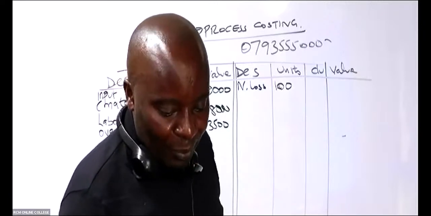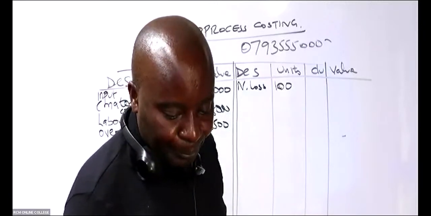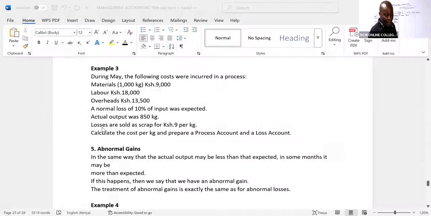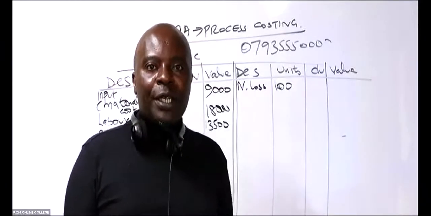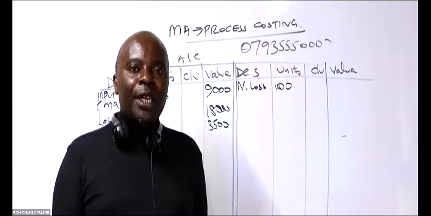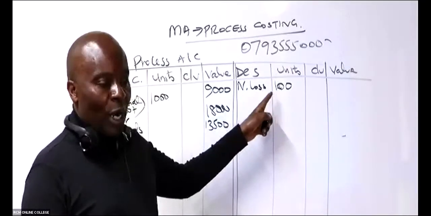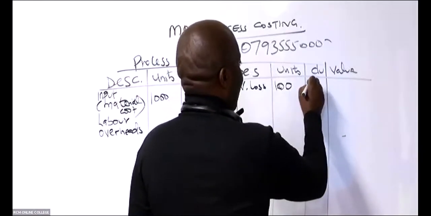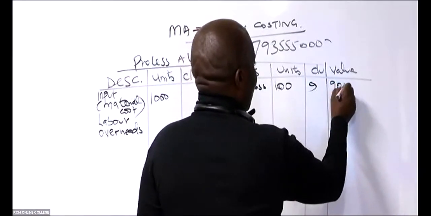Has the scrap value been given in this question? You can see in this case, losses are sold at a scrap value of 9. And remember, at times the scrap value is not given. If scrap value is not given, you should always multiply whatever quantity you have here with 0. But now here we have a scrap value of 9, which gives us 900.